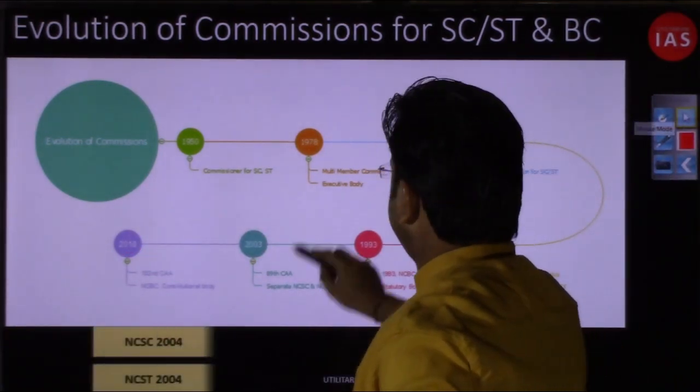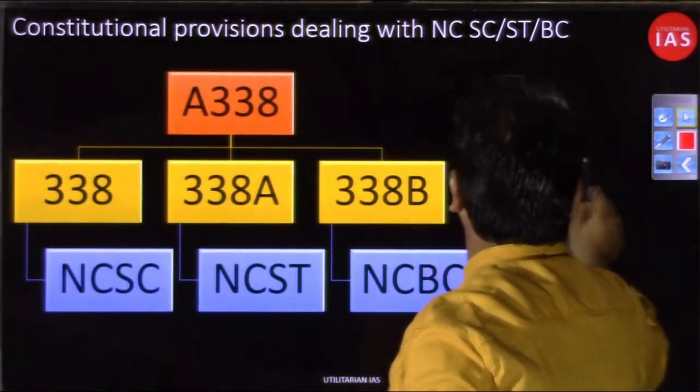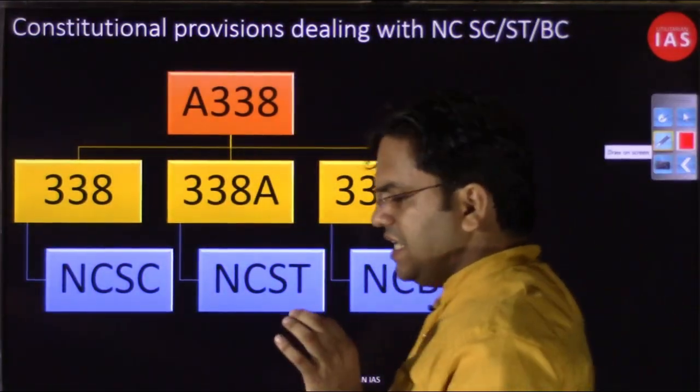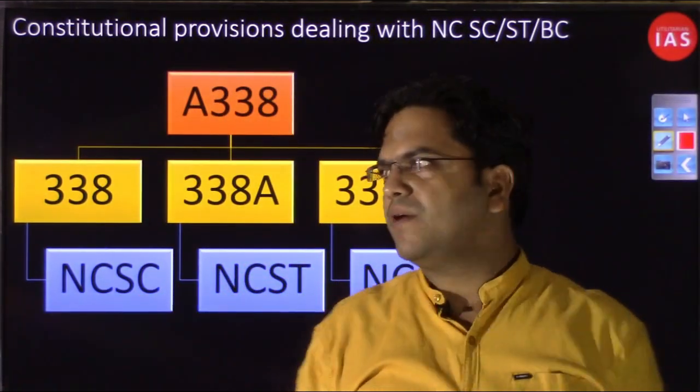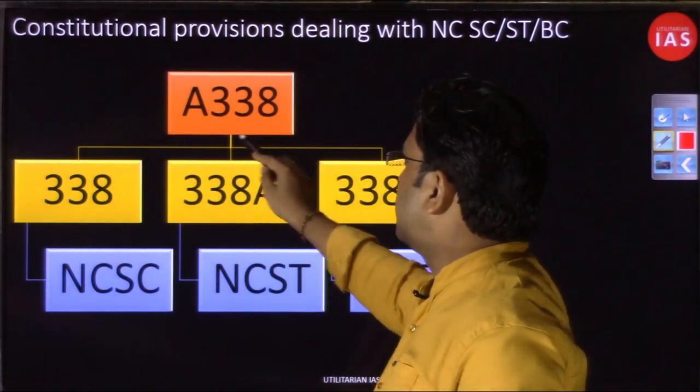Now we are moving to the next slide to discuss the constitutional provisions dealing with these three commissions, NCSC, NCST and NCBC. You have an article called Article 338.